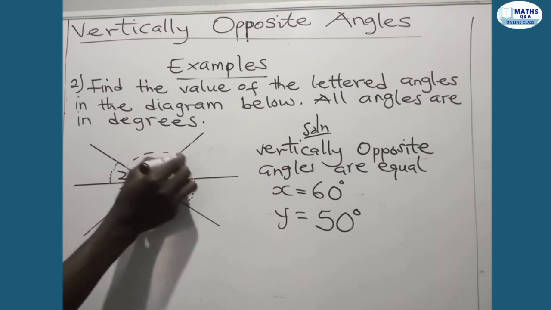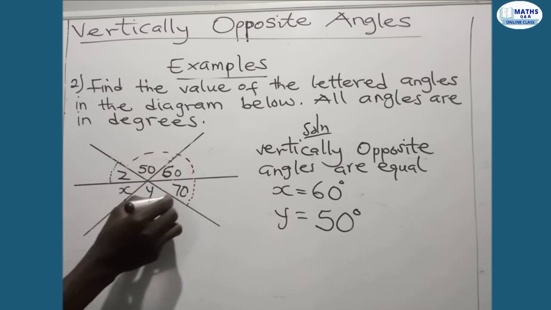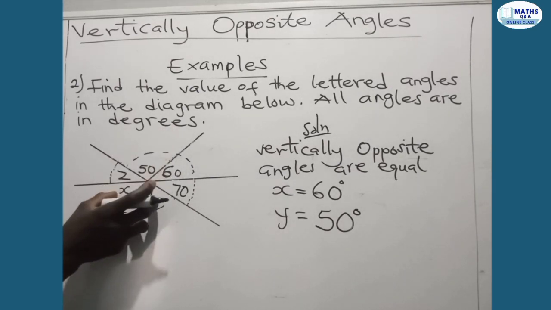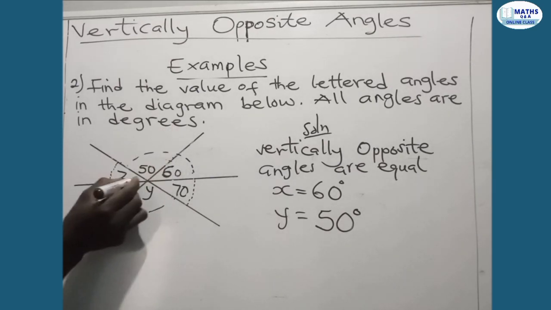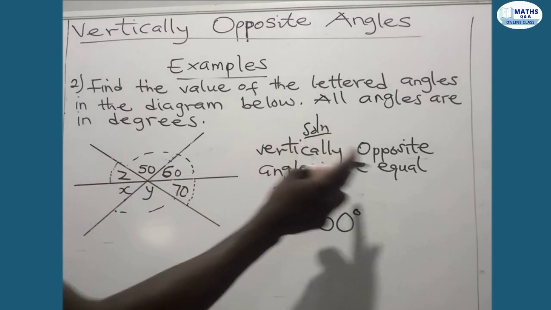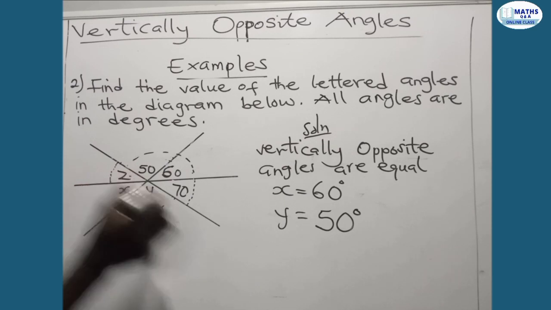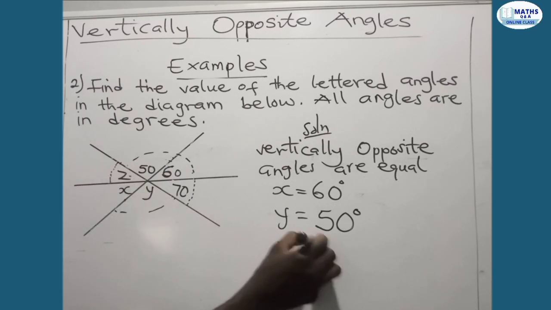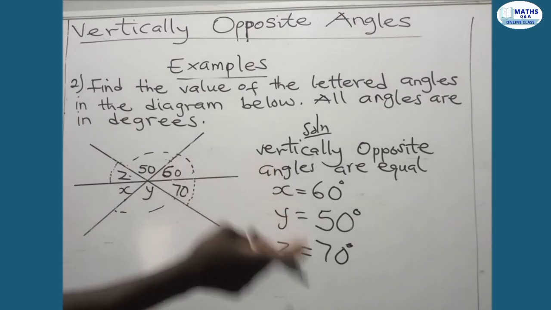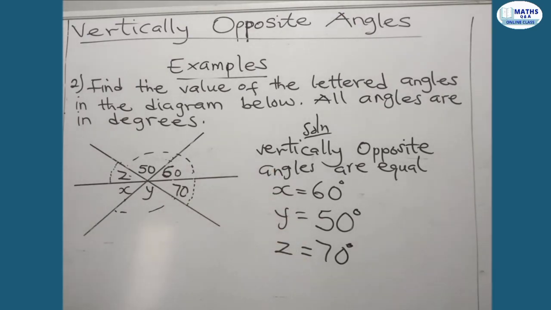And we have other angles here which can also be directly opposite. So 50 and 60 will be directly opposite to what? X and Y. And then Z will be directly opposite to what? 70. So vertically opposite angles are equal. Therefore, Z will be what? Z will be 70 degrees. So these are the values for X, Y, and then Z in the given figure.